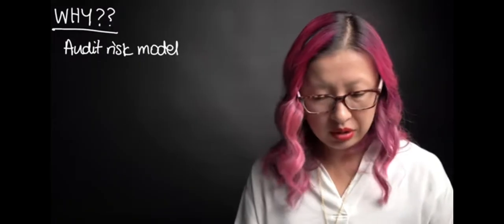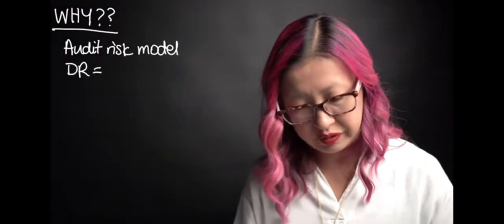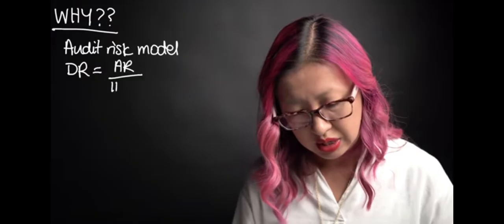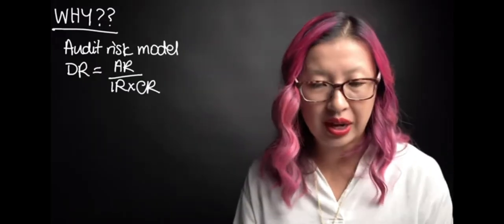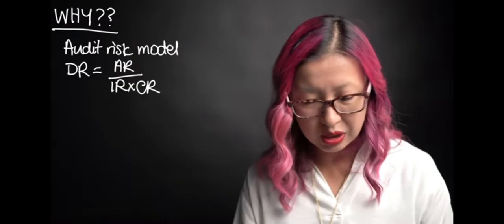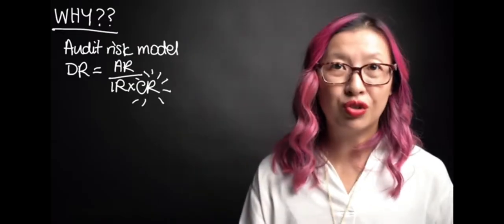Okay, and the audit risk model, remember, it has the formula. Detection risk is a function of the audit risk, the inherent risk, and the control risk of our client. So we need to be able to assess the level of control risk.